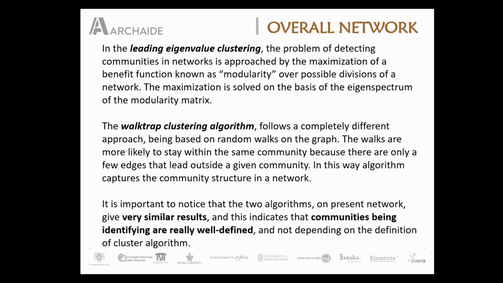Meanwhile, the other one, the Walktrap clustering algorithm, follows a completely different approach, because random walks are more likely to stay within the same community than going outside the community itself.